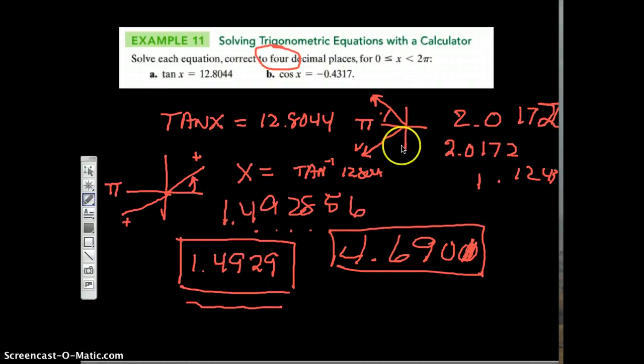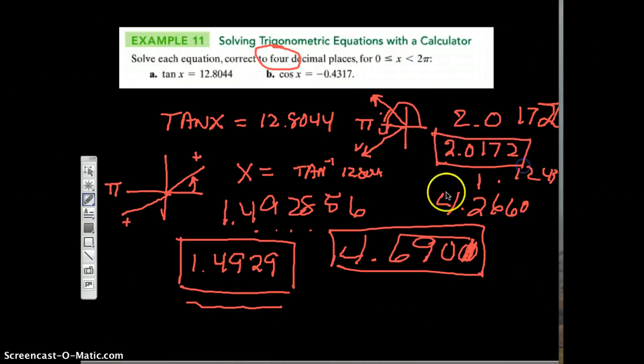Now I'm going to have to add that to pi to find this big angle here. So plus pi, and that's going to be 4.2660. Okay, so one answer was this guy, and the other answer was this guy.